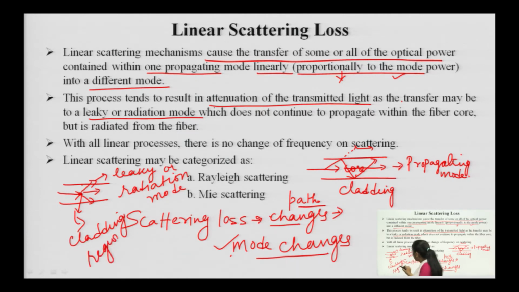And any signal that goes into the cladding region will contribute to the attenuation or loss.